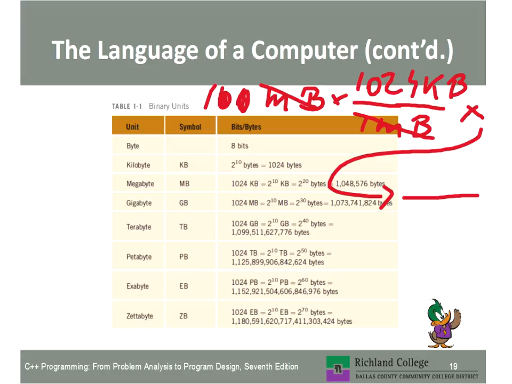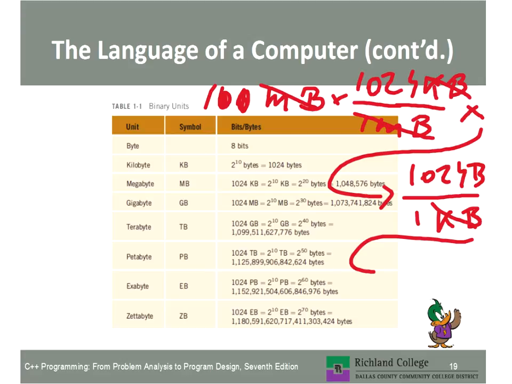So we can multiply the result by something where we put the kilobyte in the denominator. So 1 kilobyte is how many bytes? 1024 bytes. That's going to cancel the KB, kilobytes.